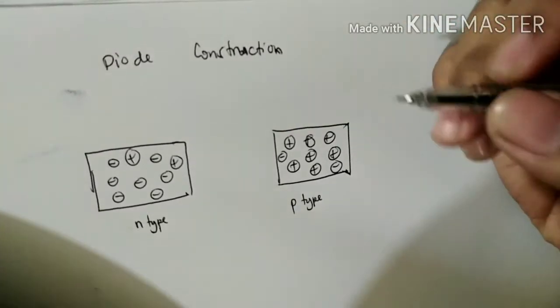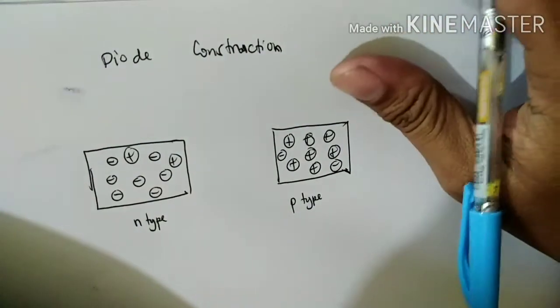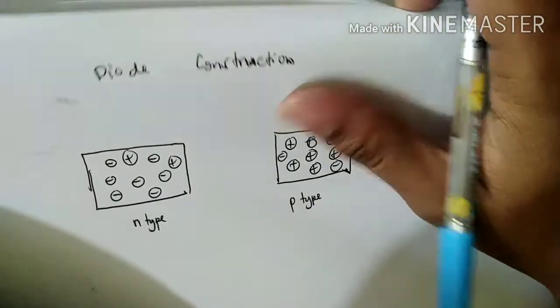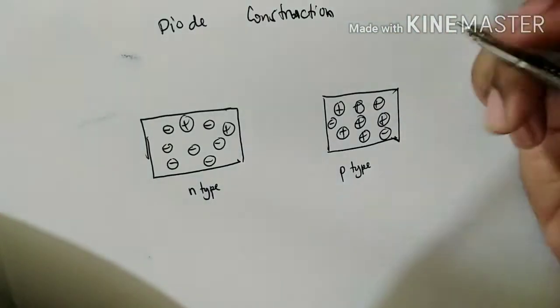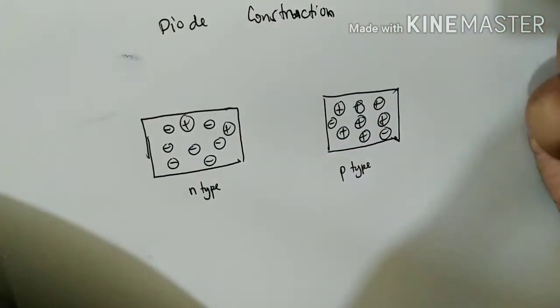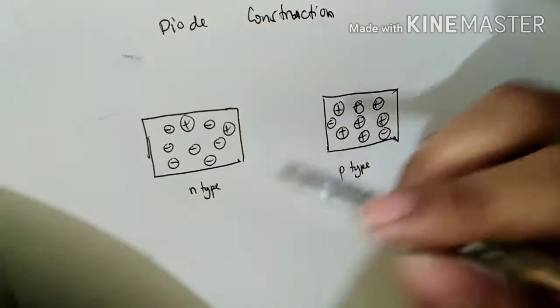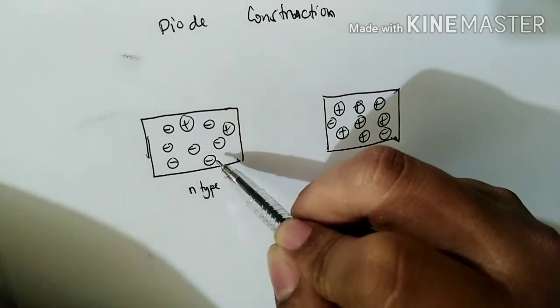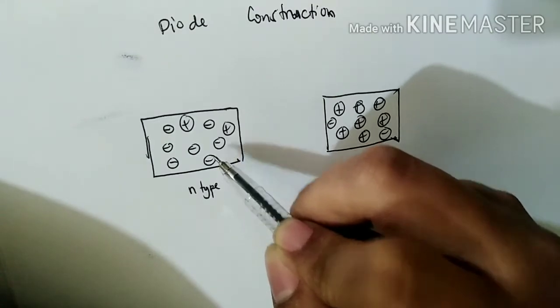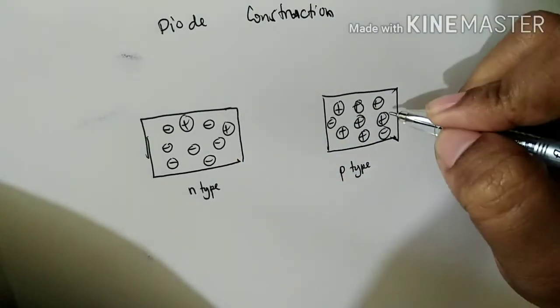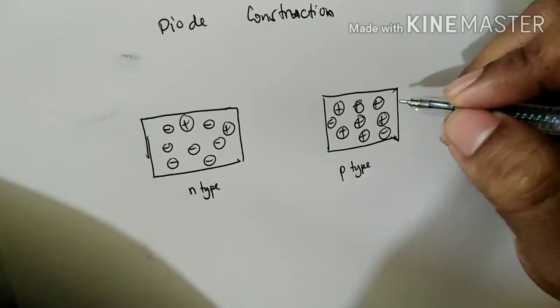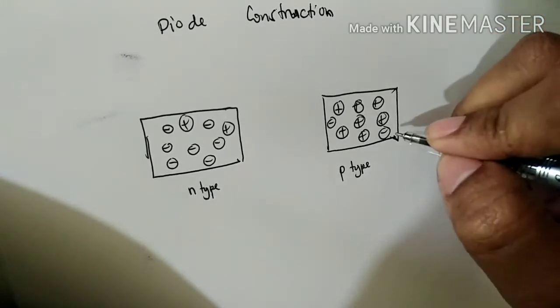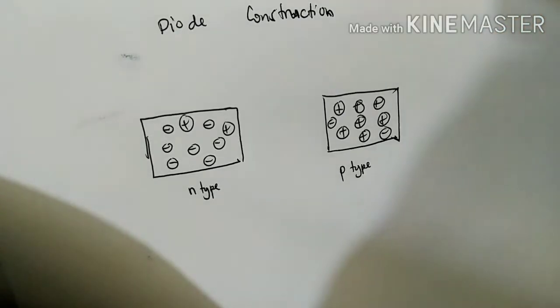We are going to discuss the construction of a diode. If you remember in our past discussion, we discussed the N-type and P-type material. In an N-type material, the majority carriers are the electrons. In a P-type material, the majority carriers are the holes, and the minority carriers are the electrons.